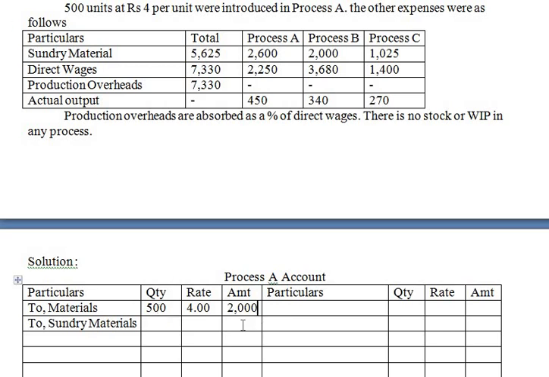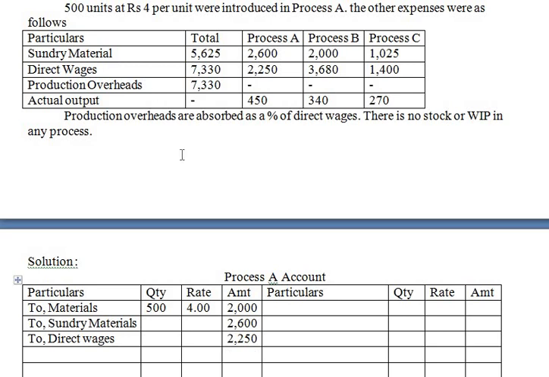Other expenses include sundry materials 2,600. Then they have given direct wages. Direct wages amount is 2,250. Next is production overhead.